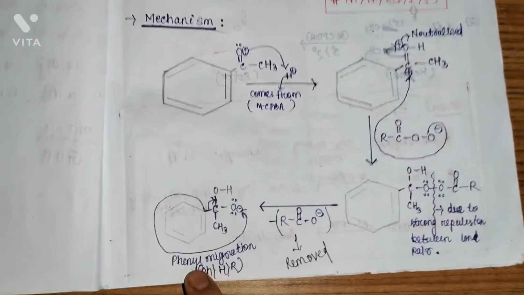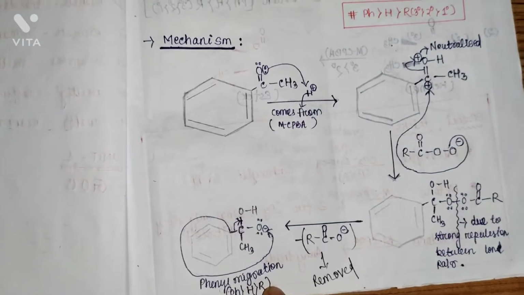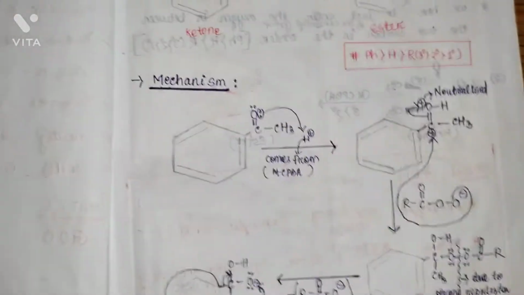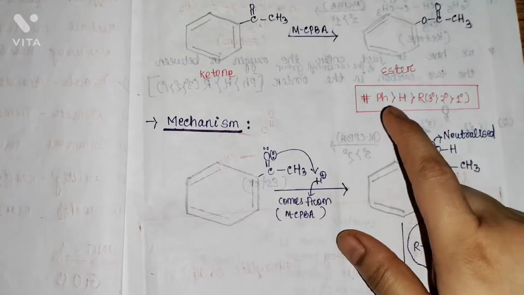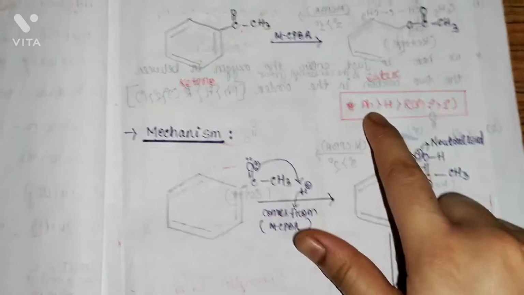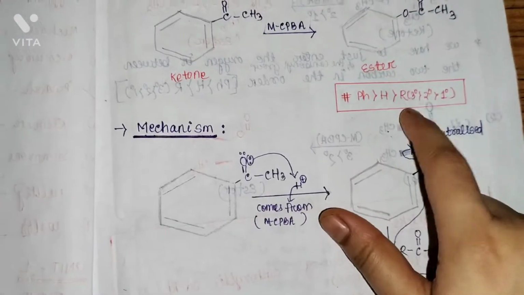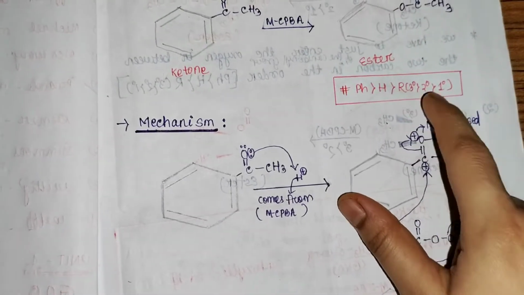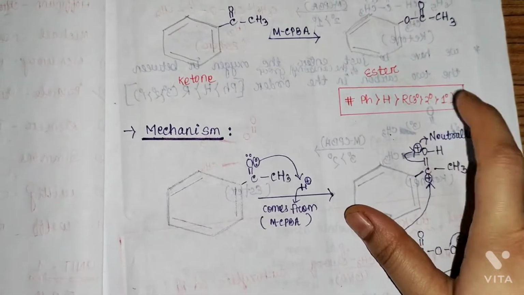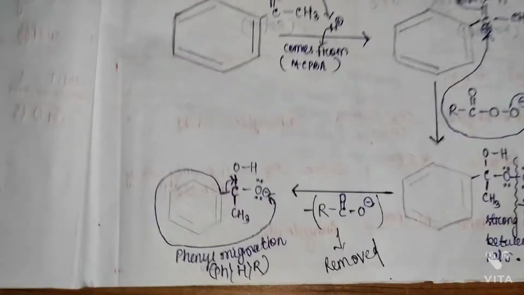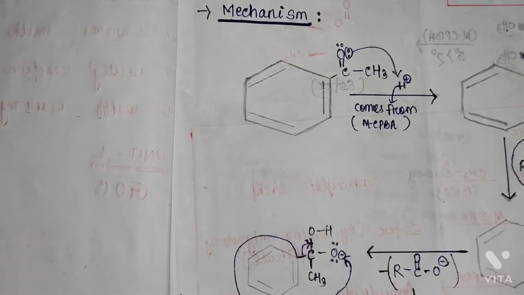Before studying this phenyl migration, let us know the order. What will be the order of migration? First will be the phenyl, then hydrogen, then alkyl groups, that is tertiary, secondary and primary. So now here the phenyl group will migrate.